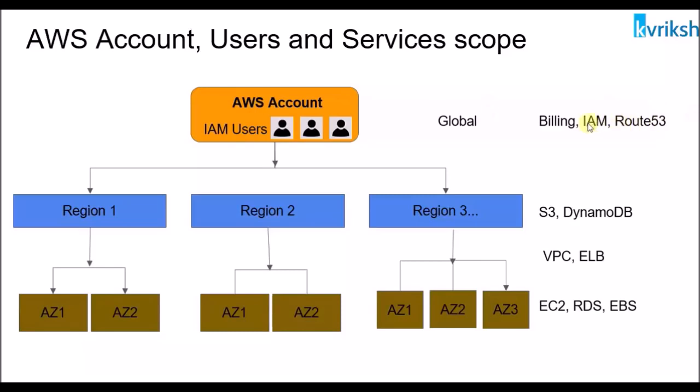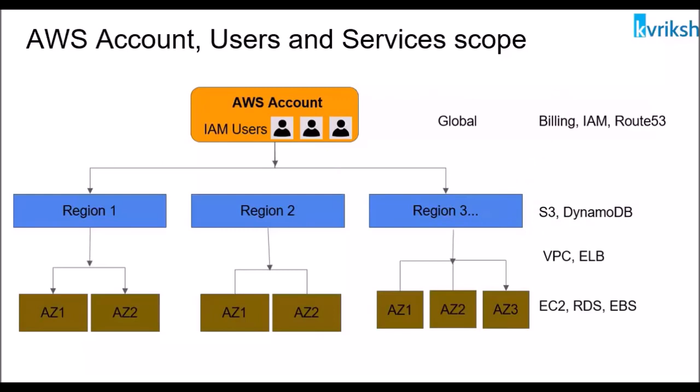IAM, which is identity and access management, also works at account level, which means you can create as many users as you want, and all these users would have access to all AWS regions, AZs and services because they work globally. Then there are some other services like S3 and DynamoDB, which work at region level. That means when you create an S3 bucket, you select in which region you want to create it. Similarly, DynamoDB tables.